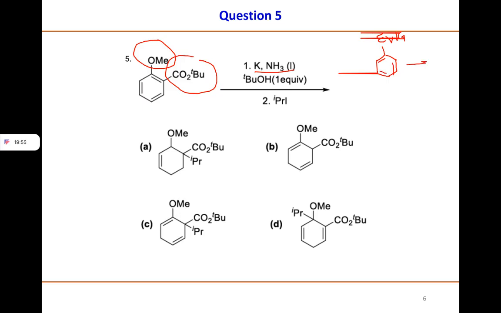So in Birch reduction, what will be the result? We have the double bond this way. After reduction we will get this result.